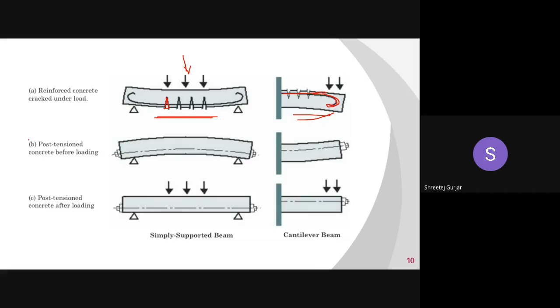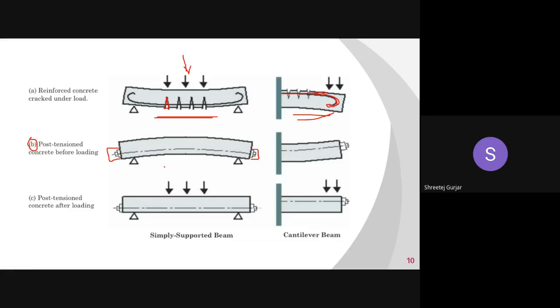Then coming to your B part, post-tension concrete beam before loading. Okay, as I've explained, they have used anchorage devices, and they have pulled the tendons, and they have locked them in place.